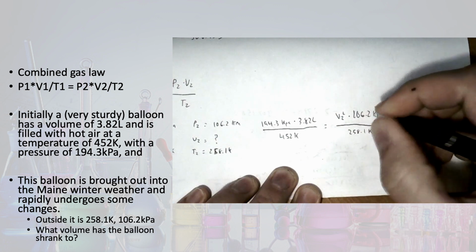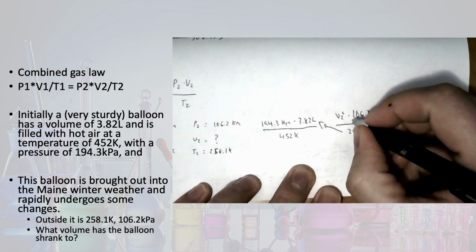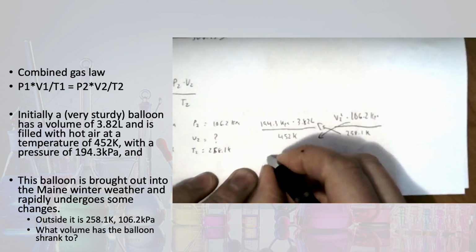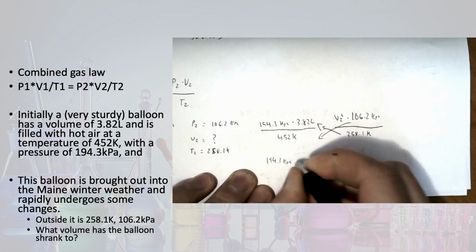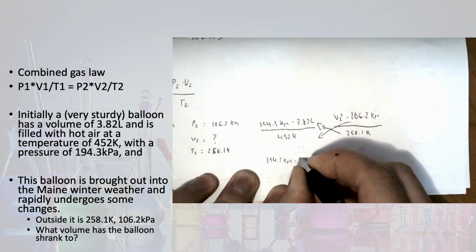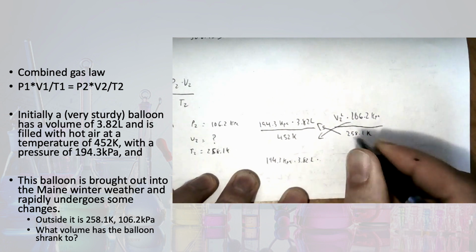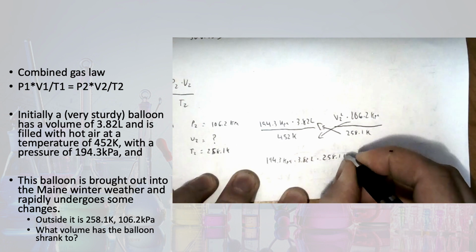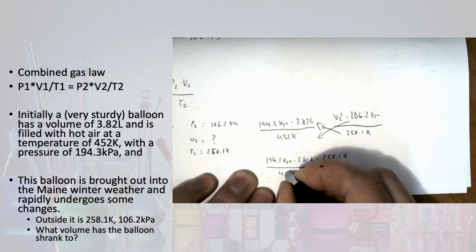Much like our other gas laws, we're going to cross multiply here. We bring T2 up into the numerator and P2 down into the denominator, and set up our new equation. That's 194.3 kilopascals times 3.82 liters times 258.1 Kelvin in the numerator.